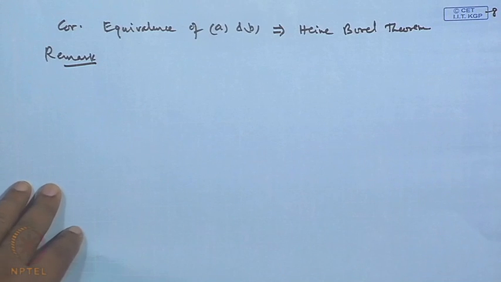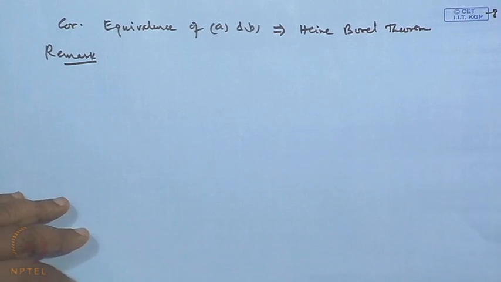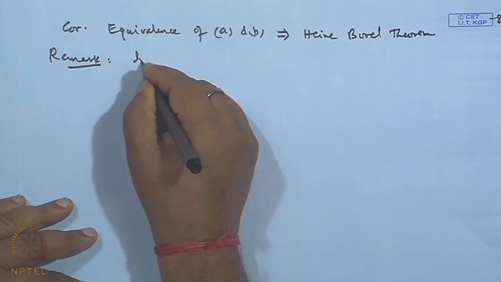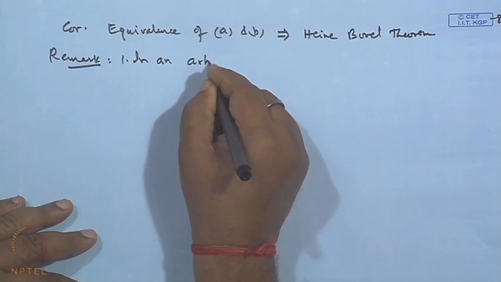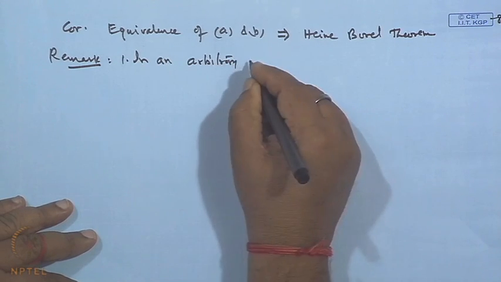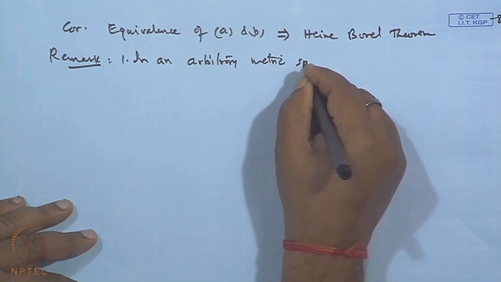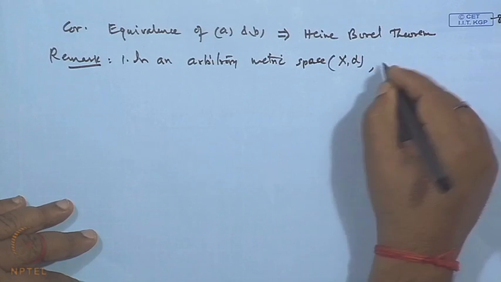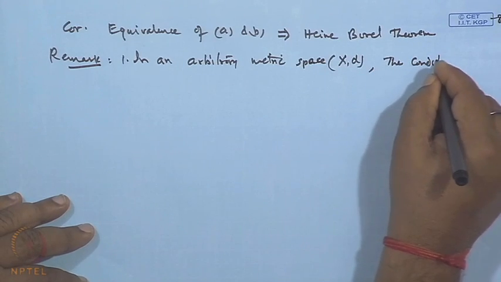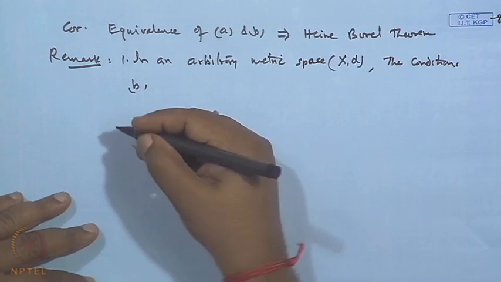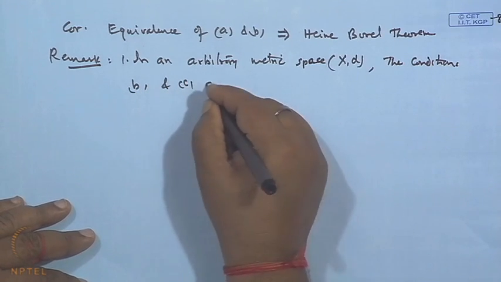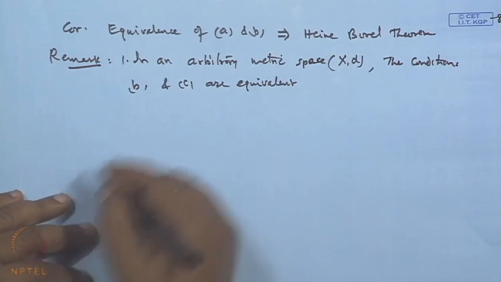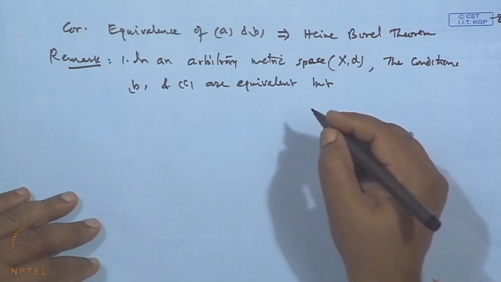The remark says that in an arbitrary metric space X, d, the conditions B and C are equivalent, but A does not.